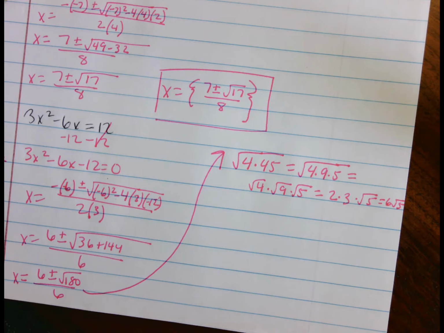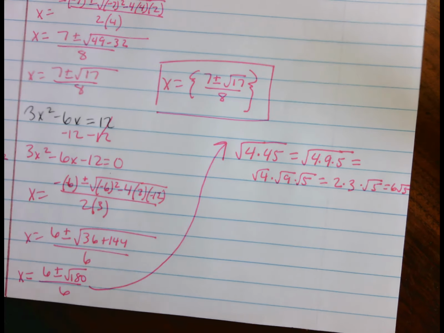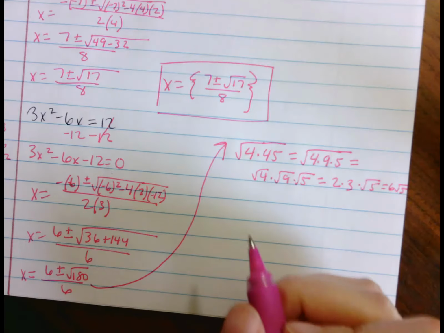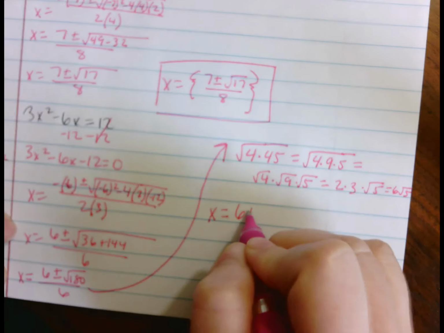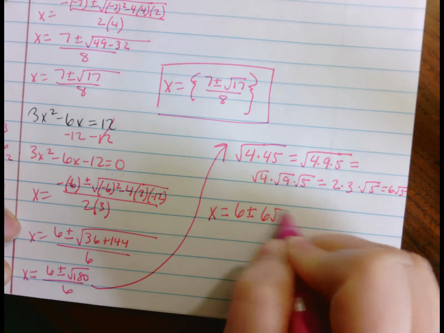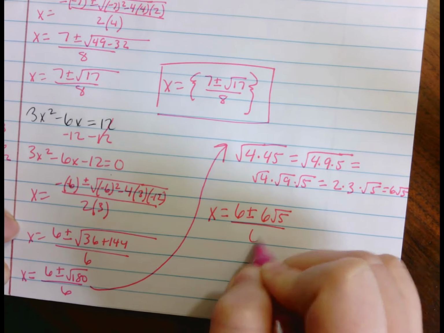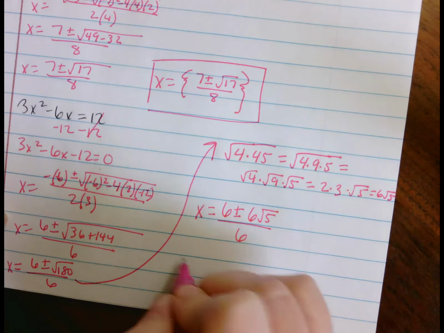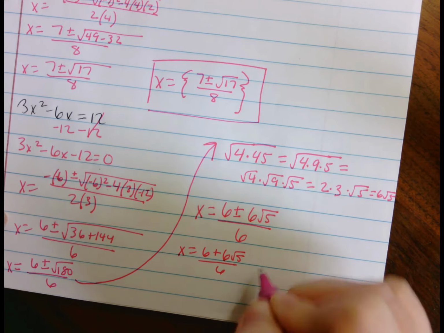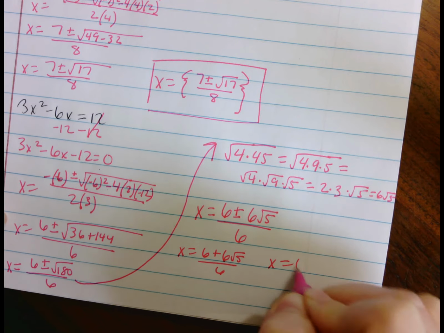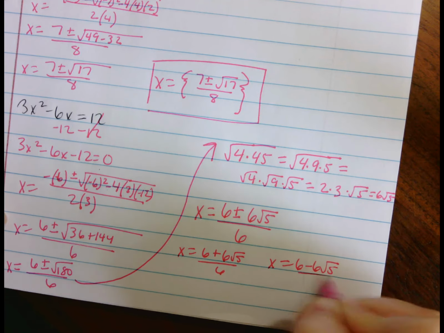Okay, so I know that's a lot of extra work, but this is a challenge problem to show you that. So what we end up with here is x is equal to 6 plus or minus 6 times the square root of 5 divided by 6. And so if I rewrite that, 6 plus 6 times the square root of 5 over 6, and 6 minus 6 times the square root of 5 over 6.